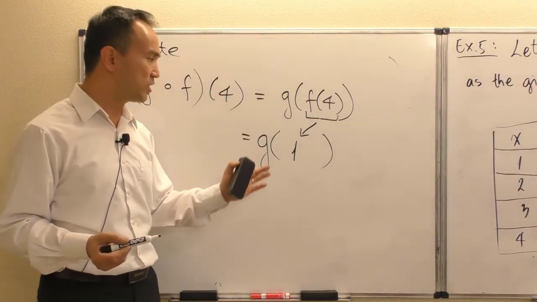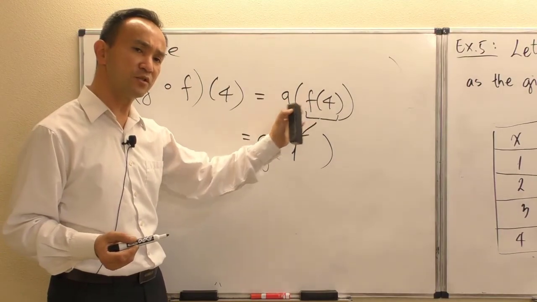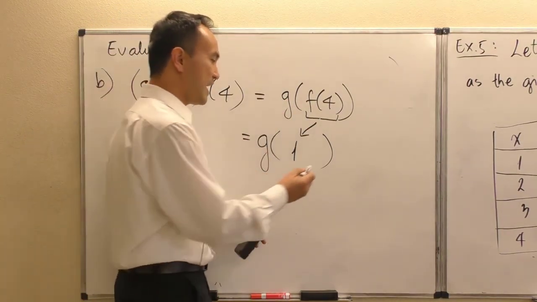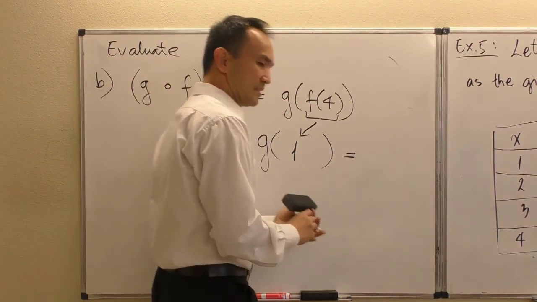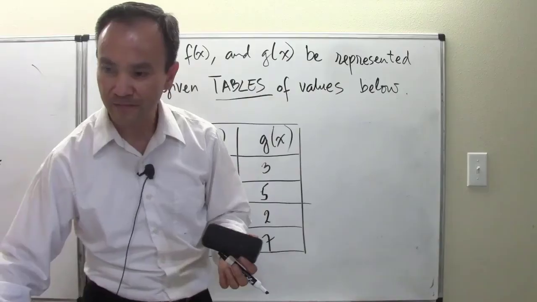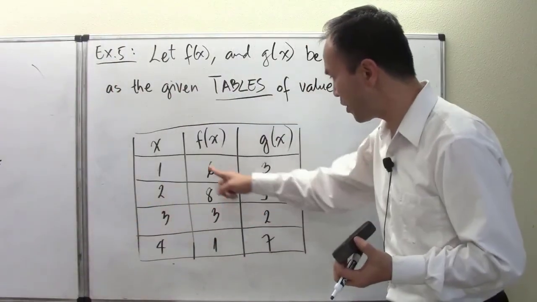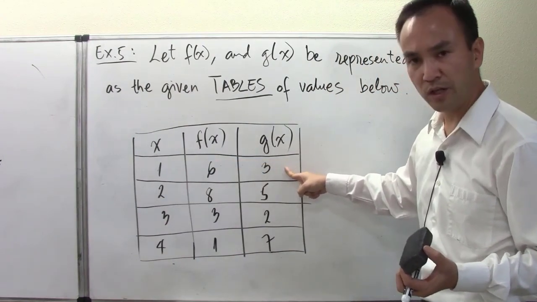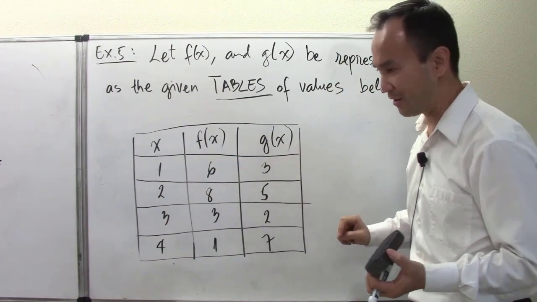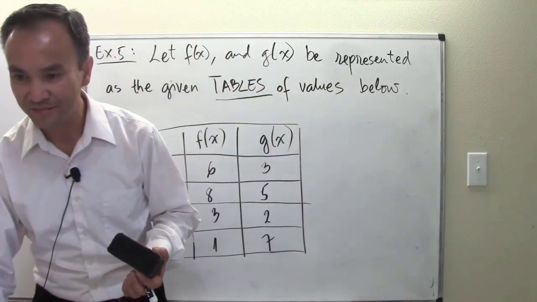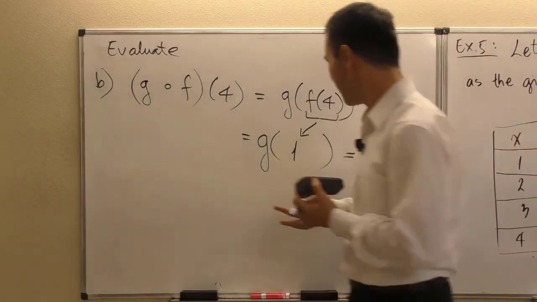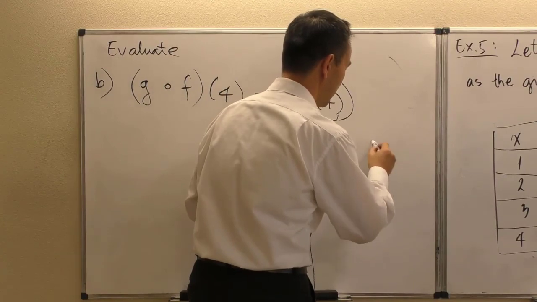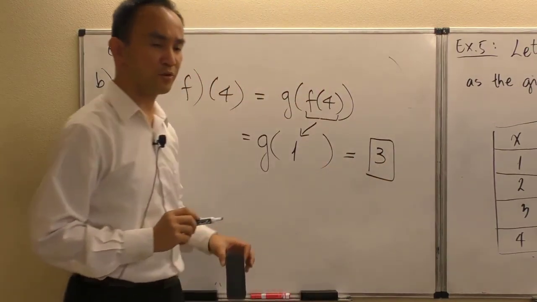We are no longer using the function f; we're using the table for function g. In this table, when the input is 1, the output is 3. So the final answer is 3.